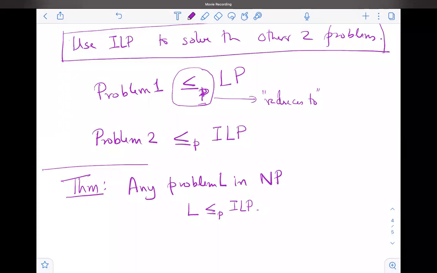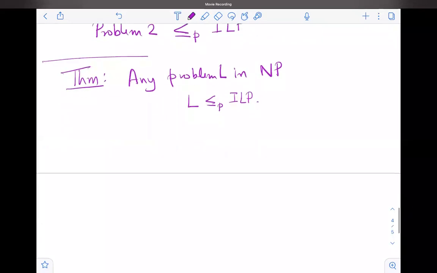Sir, can you give an exact definition of reduction? Like, do you mean that every solution to problem 1 should be a solution, or every yes solution found by the LP should be yes? So, L is a subset of sigma star. I will think of an ILP also as a sigma star.